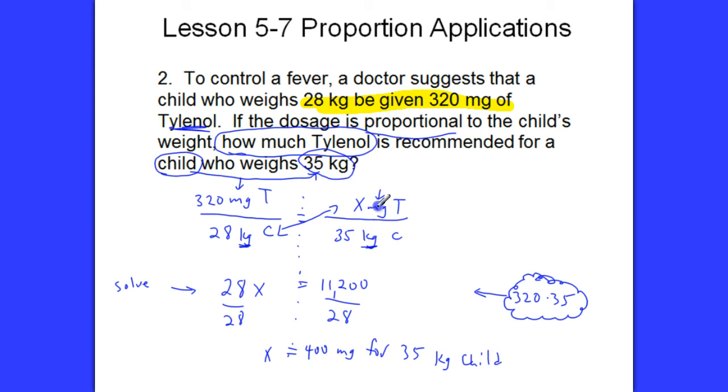And I just looked back up here. The Tylenol dosage was the top. 35 kilogram child is what I knew. So the answer is really 400 milligrams, and the context is for a 35 kilogram child.